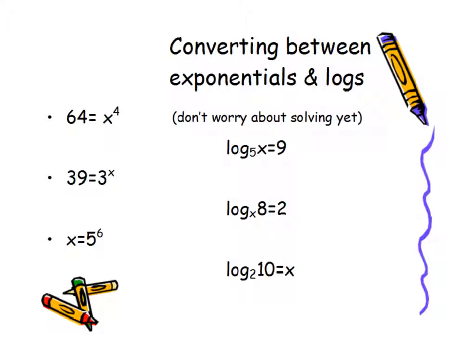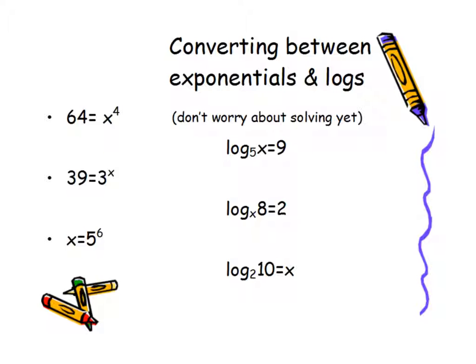The second part of the lesson today is going to be being able to switch between exponentials and logs. If we have an equation that is an exponential, we'll want to convert it to a logarithm so that we could then solve it. But it also works the other way. If we have a logarithm, we want to switch it to an exponential, whatever we got to do to be able to solve.